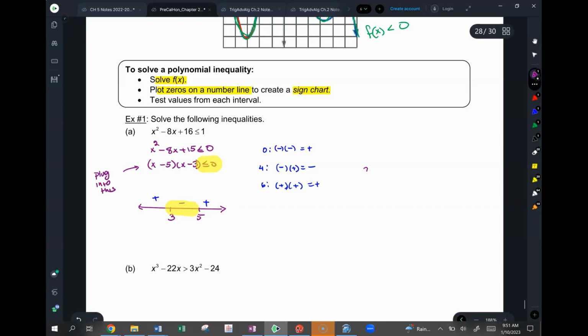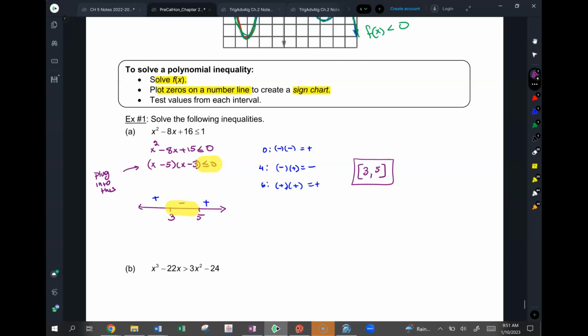So we say the answer is from 3 to 5. And if this is a closed circle inequality, we're going to close the limits there, as long as everything is within the domain. All right, so that's it. That's your answer. So basically what we're saying is, when the x values are within the region 3 to 5, the function is negative. Questions?